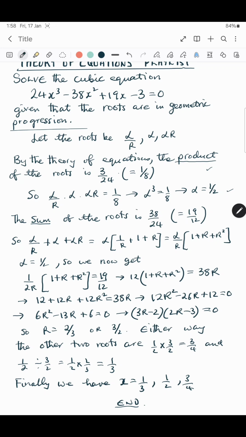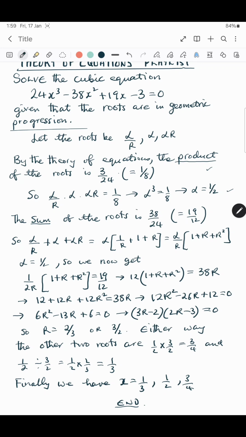All right? Now, since alpha equals 1/2, replacing alpha by 1/2, we have 1 over 2r, times 1 plus r squared equals 19 over 12, which is an equation in r only.